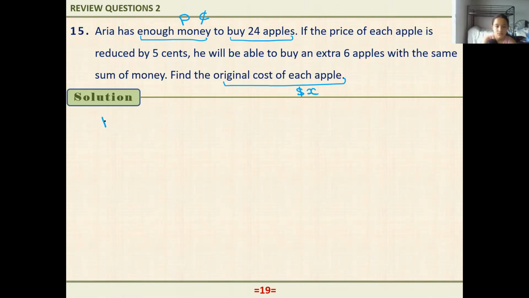So she has P cents, and she's going to buy 24 apples. Each one is X cents. Let's say one apple costs X cents. All right. So this cents, actually they cancel each other. We don't have to write this. Now that's the first condition here.